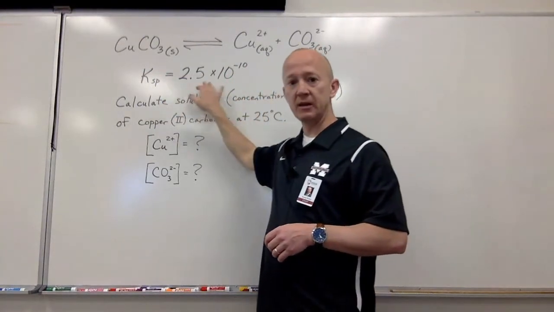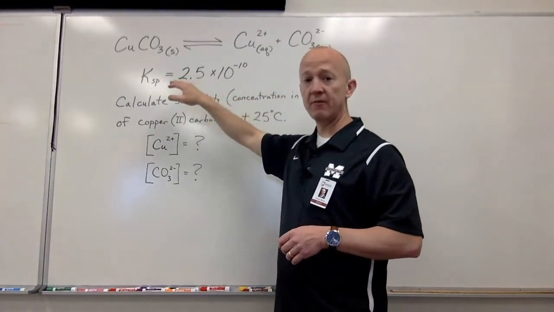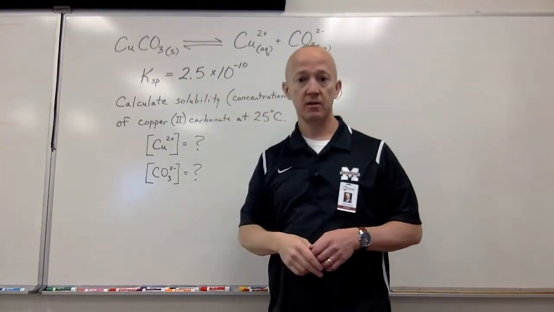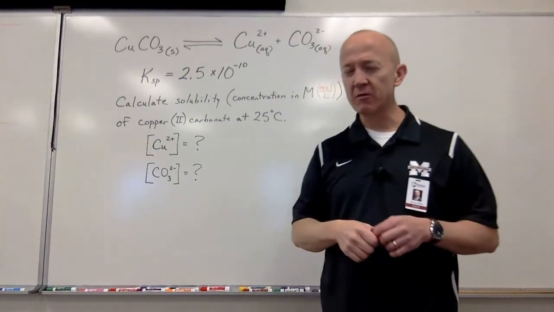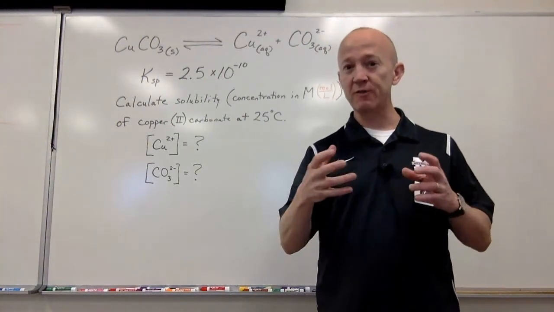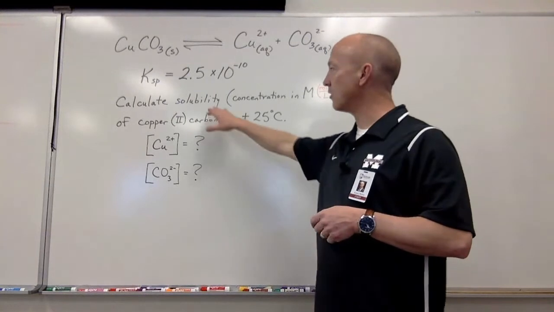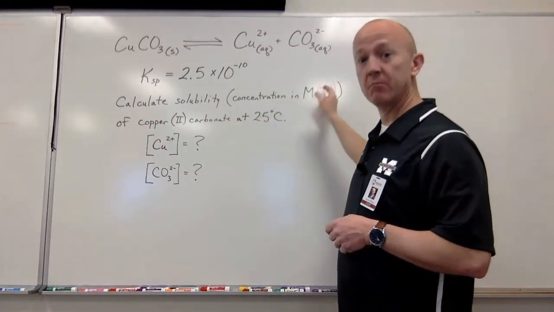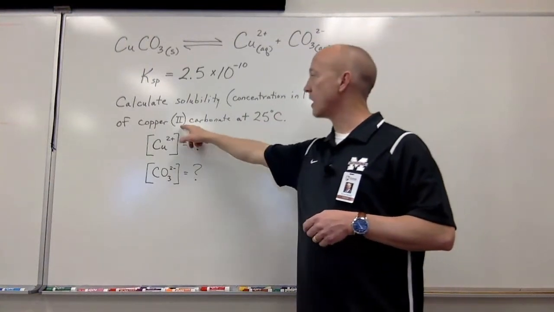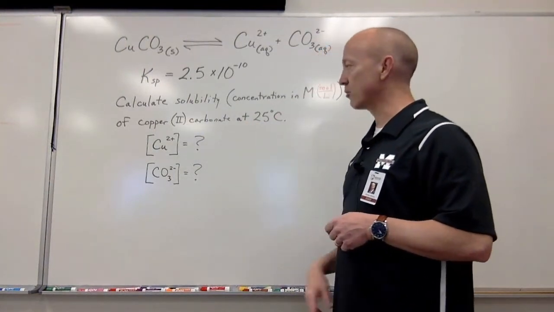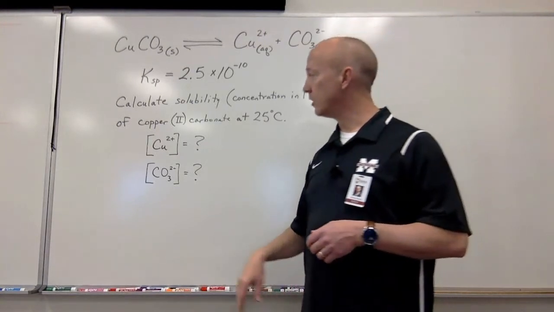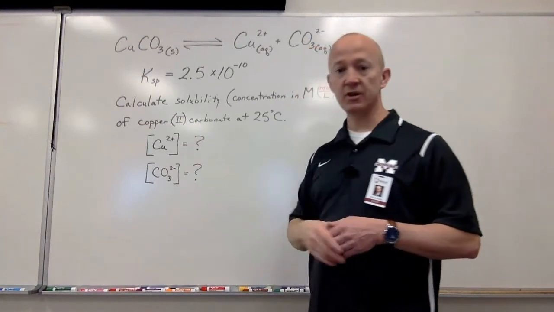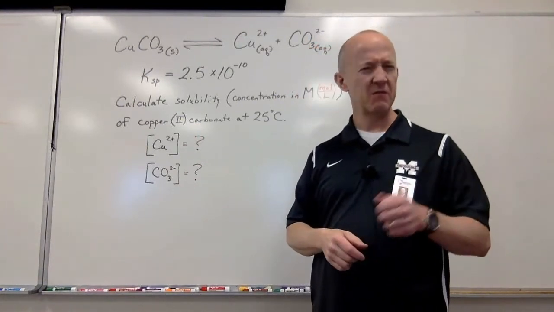The KSP for this reaction at 25 degrees Celsius is 2.5 times 10 to the -10th. So, based on what we've talked about with KSP and how to figure out KSP, calculate the solubility. In other words, the concentration in molarity, moles per liter, of the copper 2 carbonate at 25 degrees Celsius. So, you're finding out the concentration of copper 2 ion and the concentration of carbonate ion. See if you can do it.